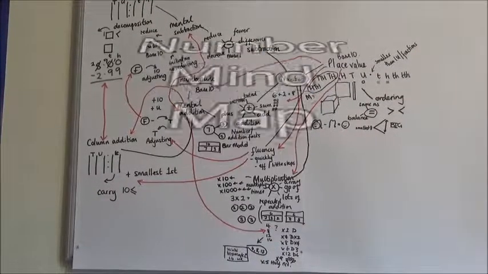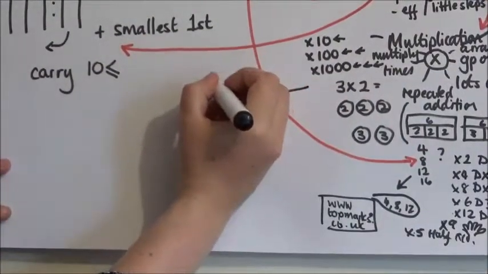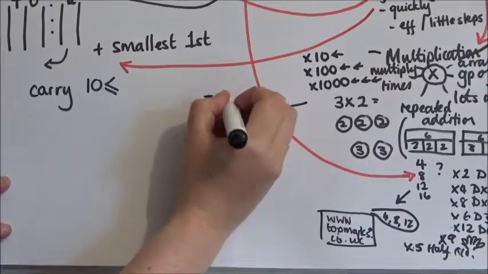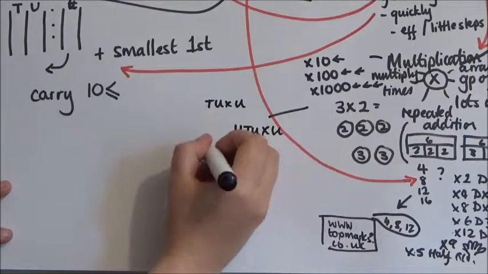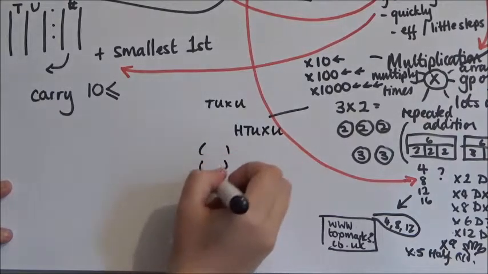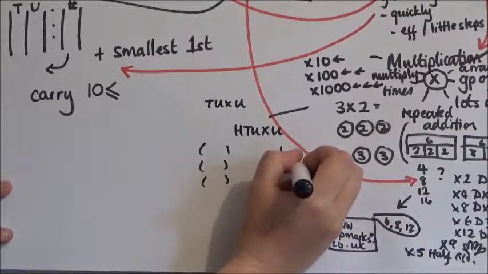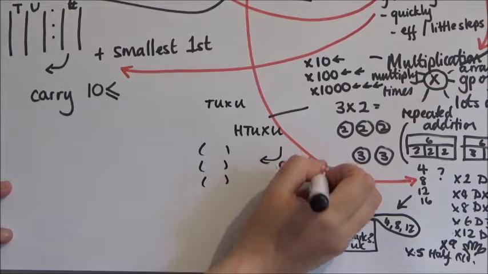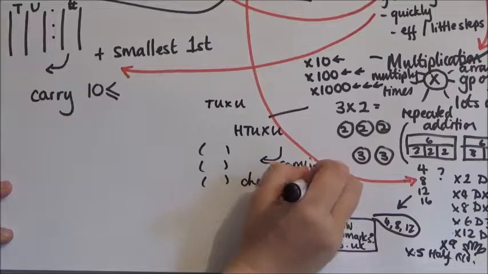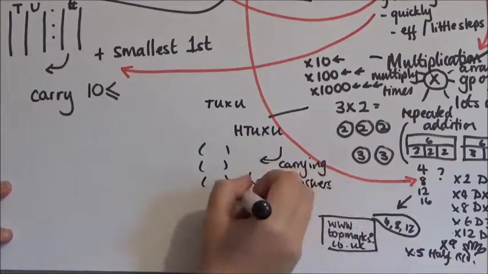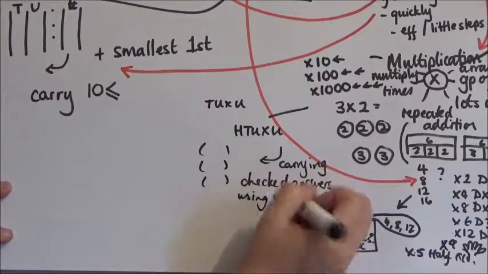Okay, adding to our number mind map, we have done tens and units times a unit and hundreds, tens and units times a unit. We looked at the bracket method and we looked at the carrying method. We also checked our answers using repeated addition.